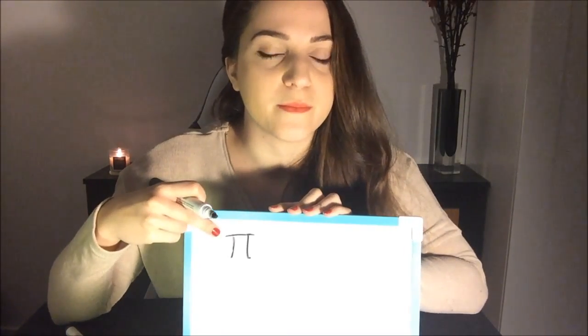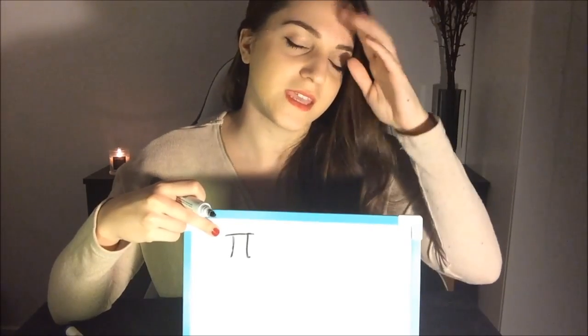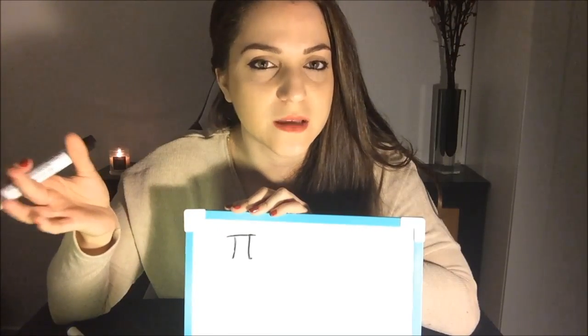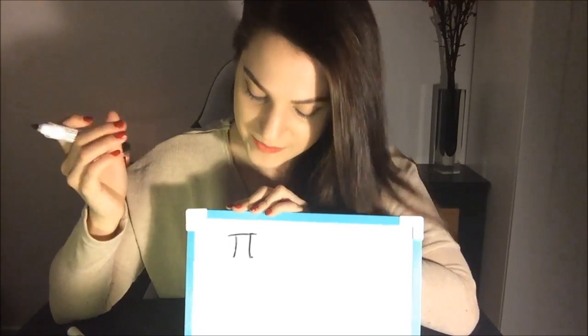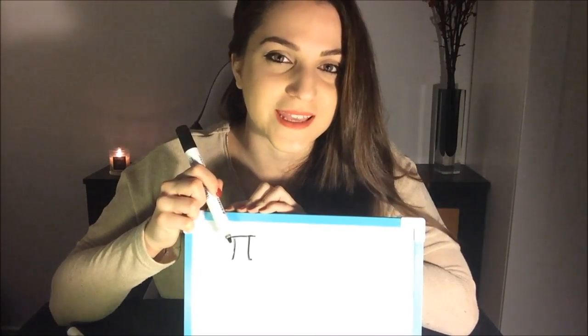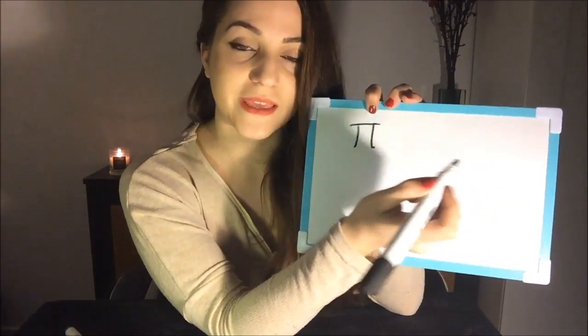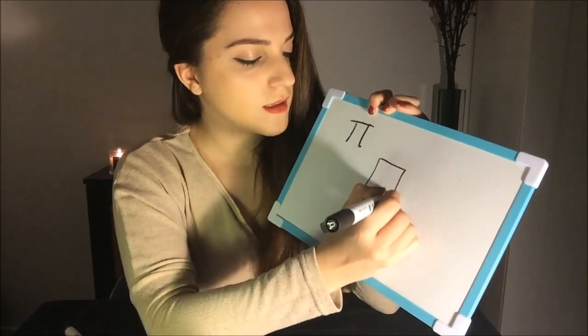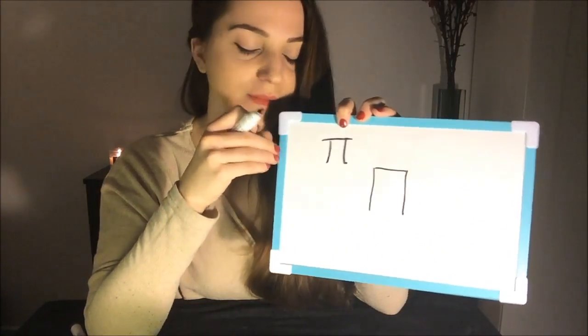So this is pi. In Greek, we don't actually call it pi, we call it pee. So this is pee micro, lowercase p. Pee kefaleo, p uppercase. It's like that.